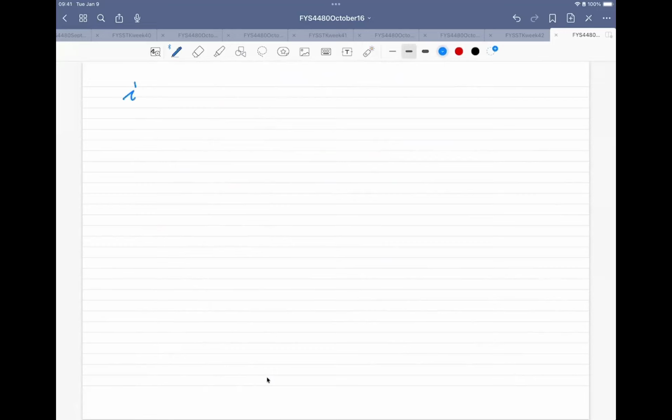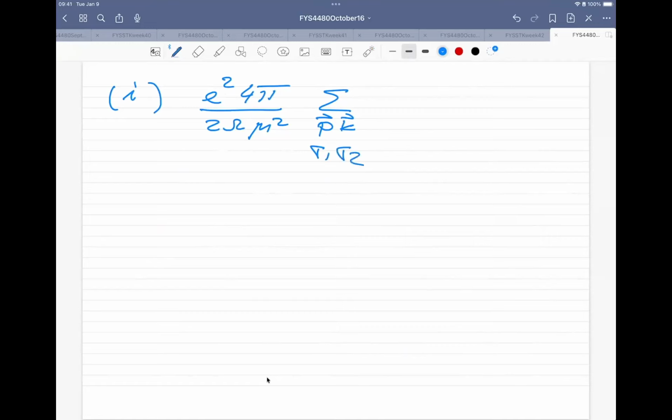So let's just write that one down. And in that particular case, what we are going to get is something which looks like this. So we have E squared, we have 4 pi, we have 2 divided by omega and mu squared. And then we are putting in P and K. So we put Q equal to 0. And then we have sigma 1 and sigma 2 here. And then the matrix element, or the interaction term, is pretty simple.